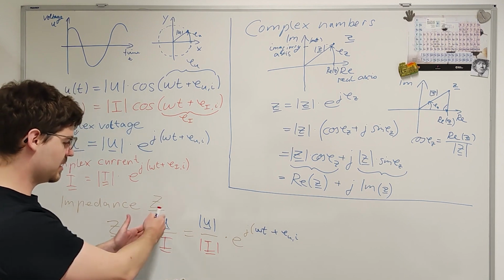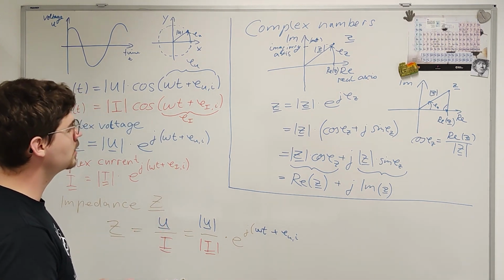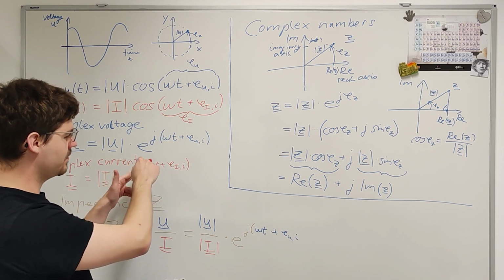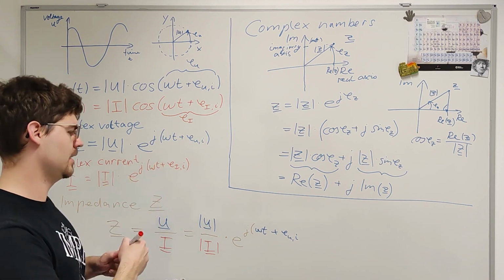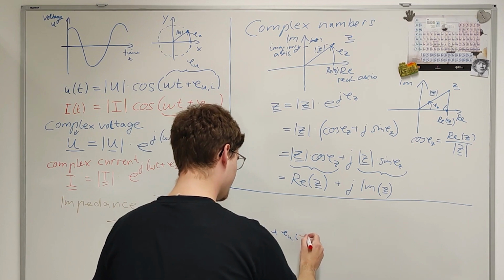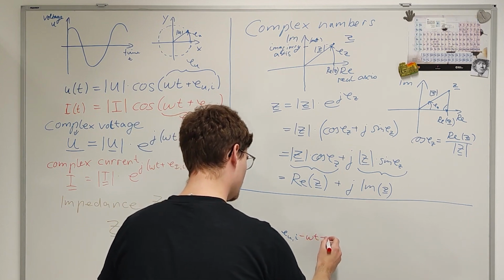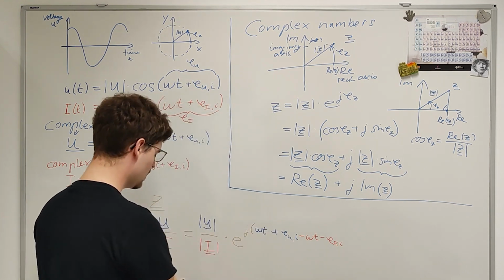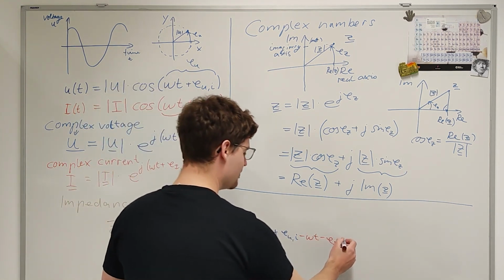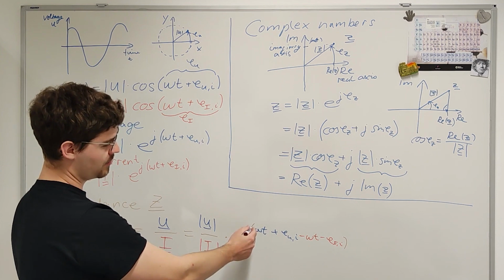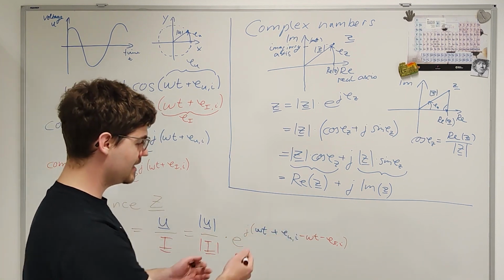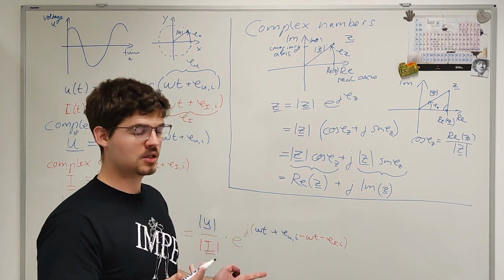And since we divide it by the complex current, what we will have is subtraction of omega t minus phi I initial. And what is most remarkable about this omega t and this omega t, they cancel out. And these two terms are the only time-dependent terms here.